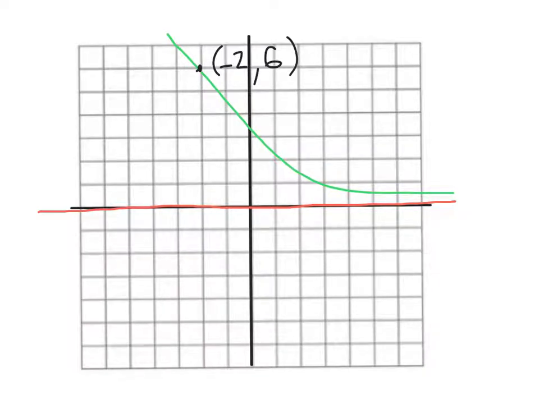Now, if it was symmetric with respect to the x-axis, then what other point do you know must be on the graph? -2, -6. Very good. That point is right there, and the graph must also go through that point, right?